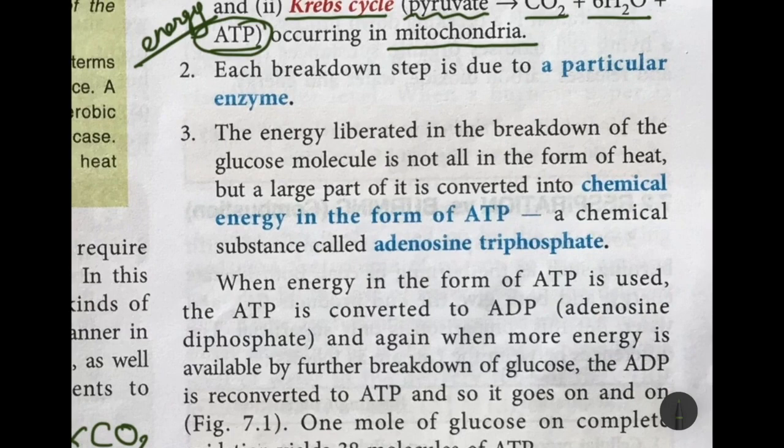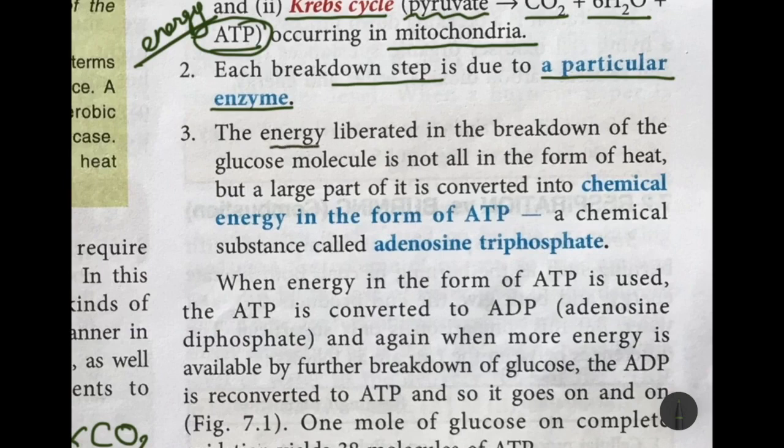Now, each breakdown step is due to a particular enzyme. You know, an enzyme is also known as a biological catalyst. It is a chemical compound which helps in the process of respiration, but itself remains unchanged. It speeds up the process of respiration.